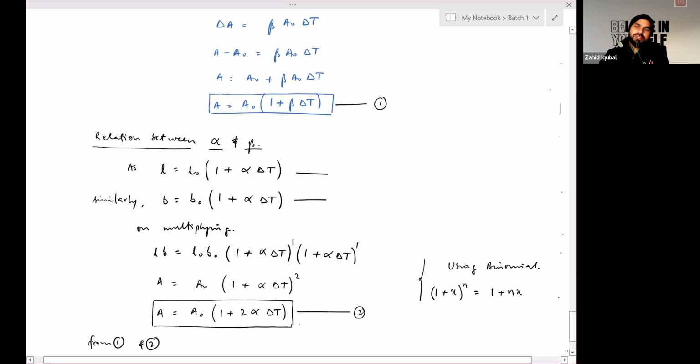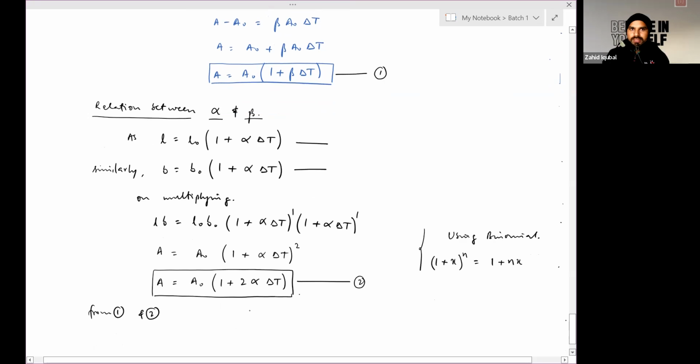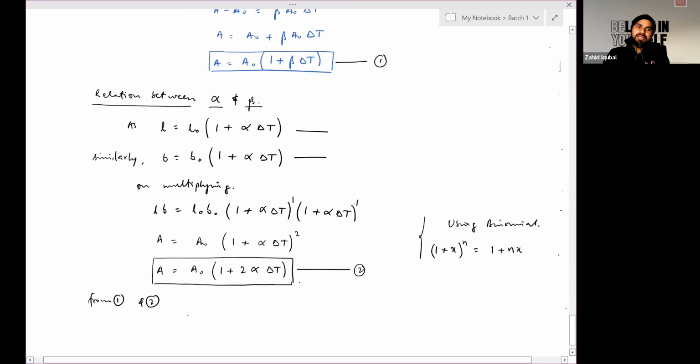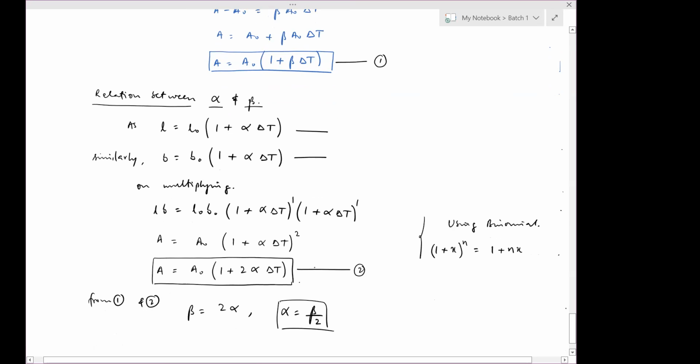So on comparing these two equations, you'll get beta equals to 2 times alpha, or alpha equals to beta by 2. Hamza, is it clear? Yes, sir. Okay, just write it down.